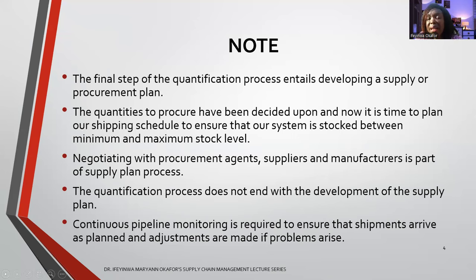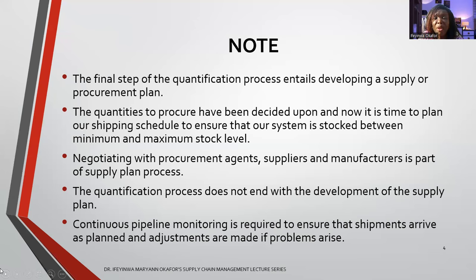And now it is time to plan our shipping schedule to ensure that our system is stocked between minimum and maximum stock level. Remember, our purpose is to serve our customers right. We don't want to disappoint our customer at any point in time. And for us to do that, we must always have goods in our facility within minimum and maximum stock level.